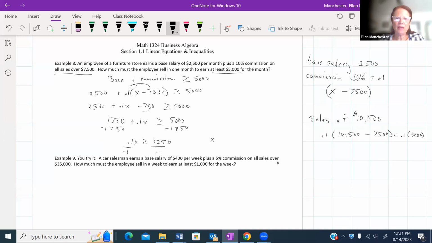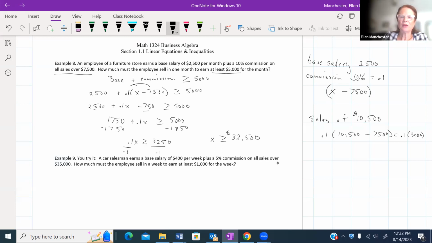So my sales has to be greater than or equal to 32,500 in order to make $5,000 a month. All of a sudden commission doesn't sound so great. You have to sell 32,500 in order to make 5,000 a month.